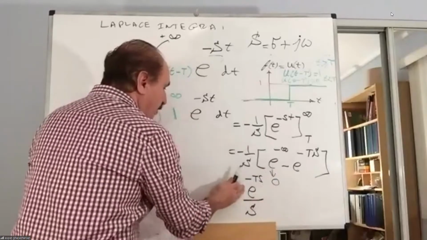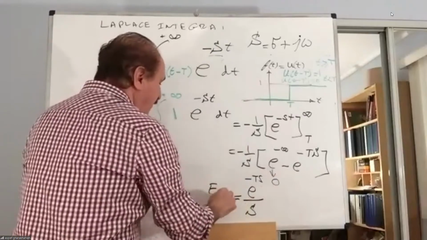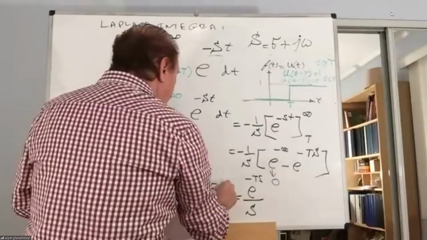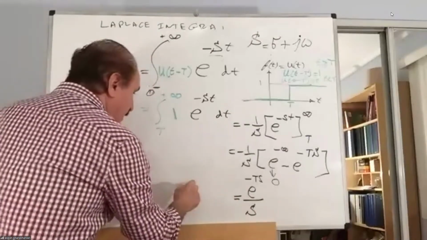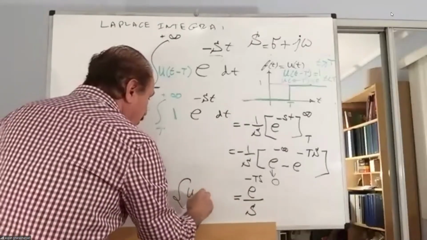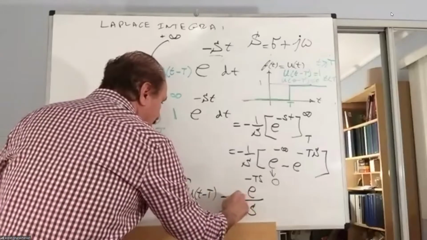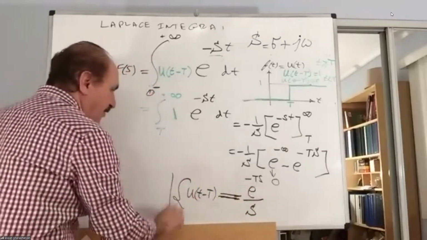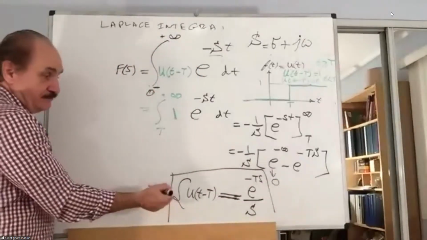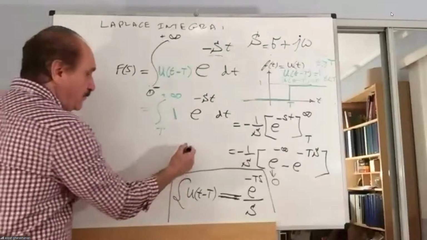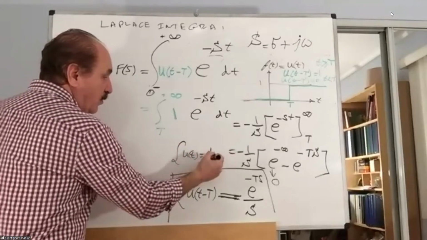There you are. So this will be the Laplace transform of u of t minus T equal to that.